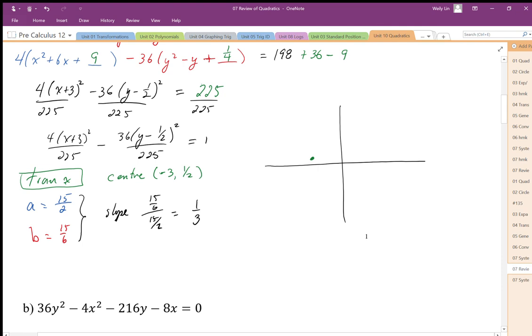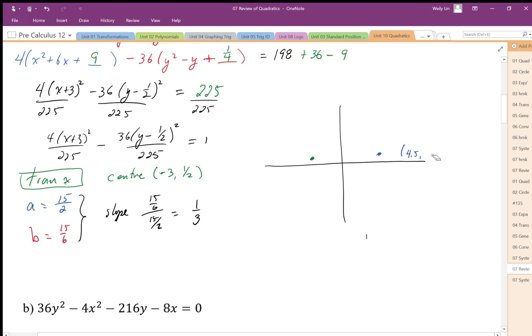Okay, so I'm going to plot my a values, which are going to end up being my vertices. So this is going to be 7.5, so maybe somewhere around here. The x coordinate ends up being -3 plus 7.5, which is 4.5, and 1/2.